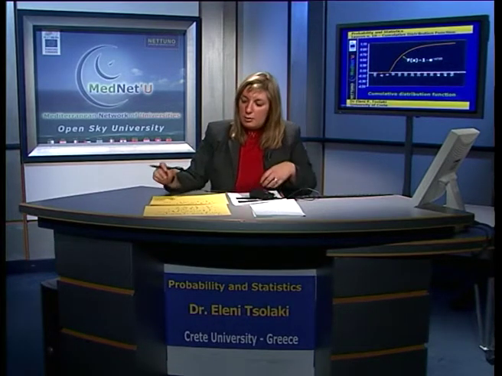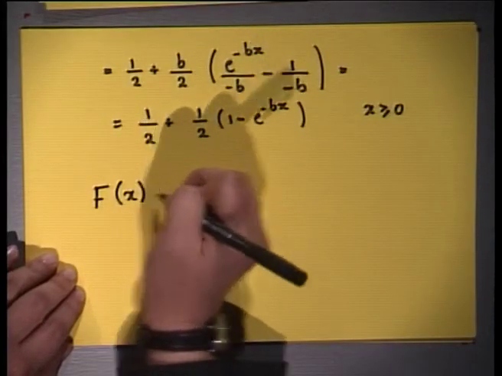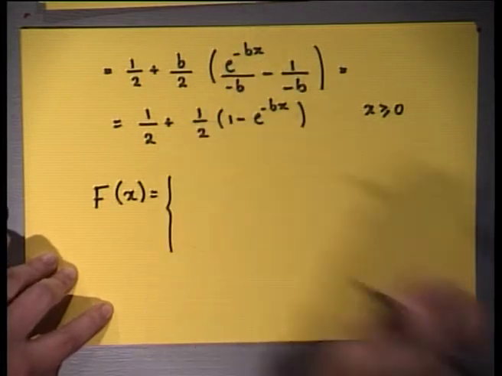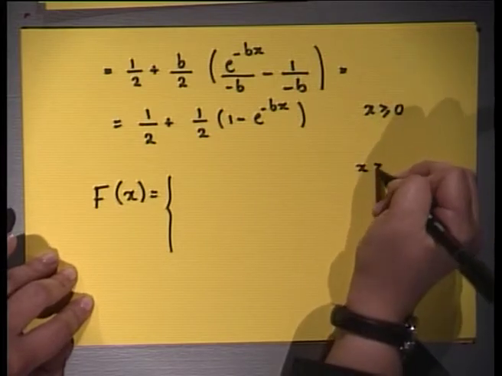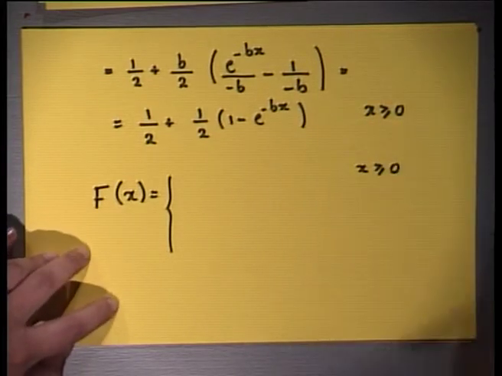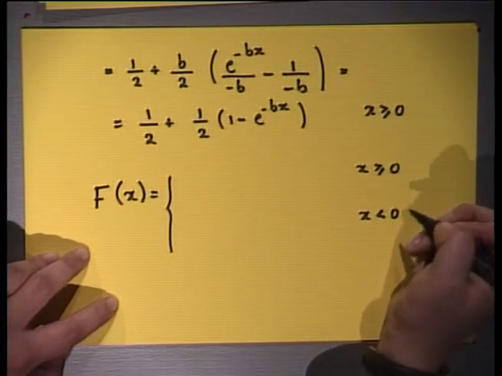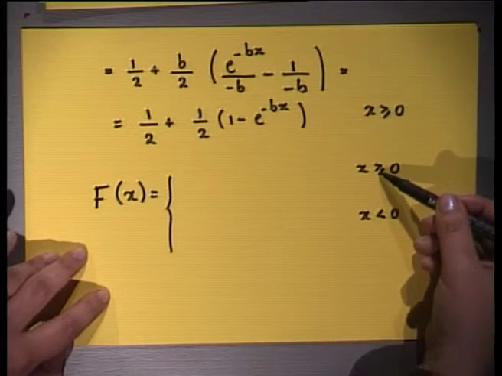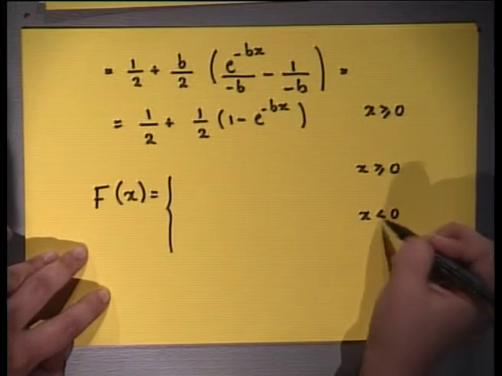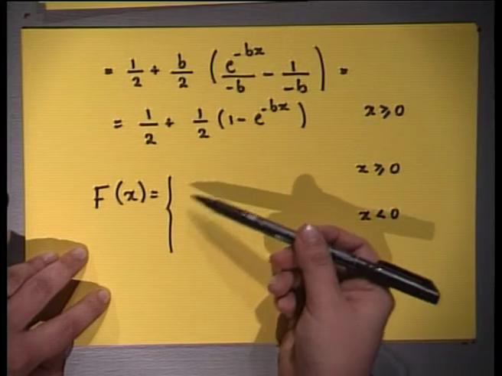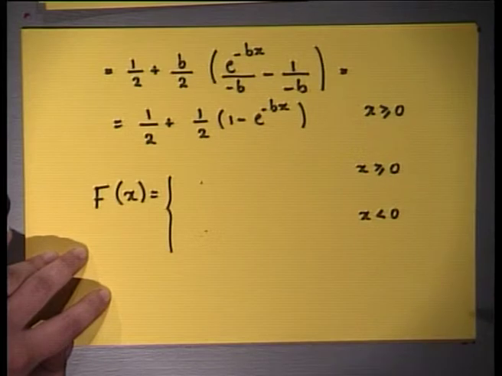For this example we have two cases: x greater or equal to 0, and x less than 0. It doesn't matter where we put the 0; if we include it in both cases, the two formulas should give us the same number.